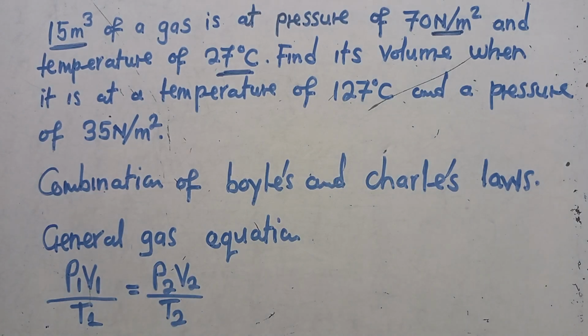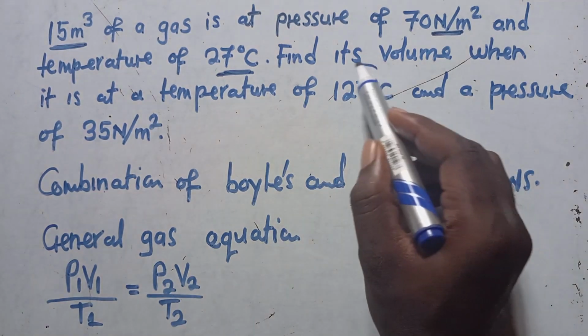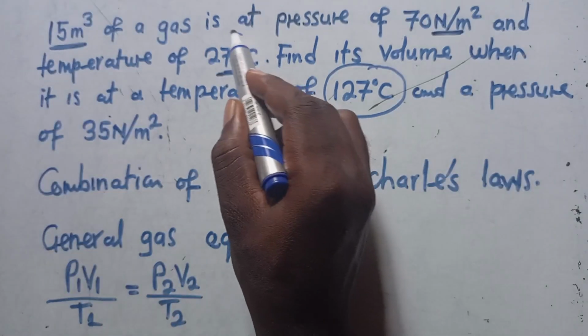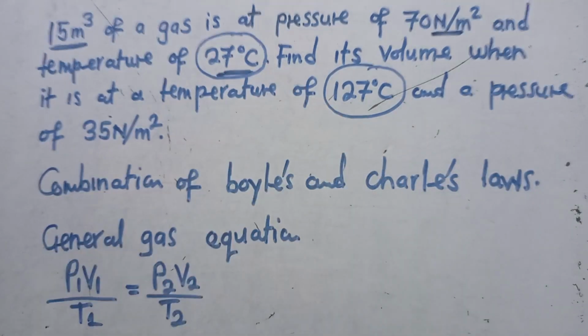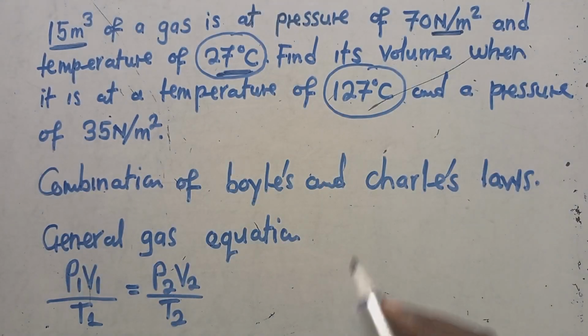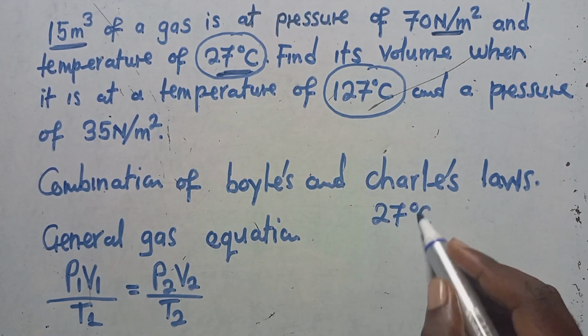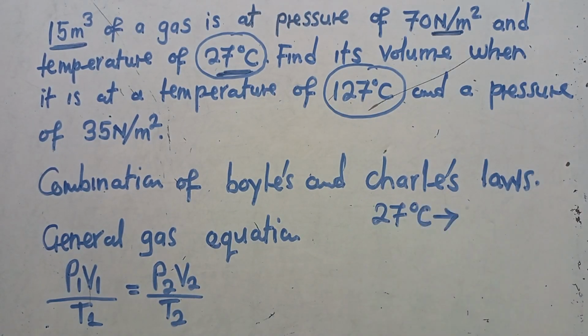Before we go any further, we need to convert these. The temperature should be in Kelvin, as well as that one. So how do you convert 27 degrees Celsius to Kelvins?